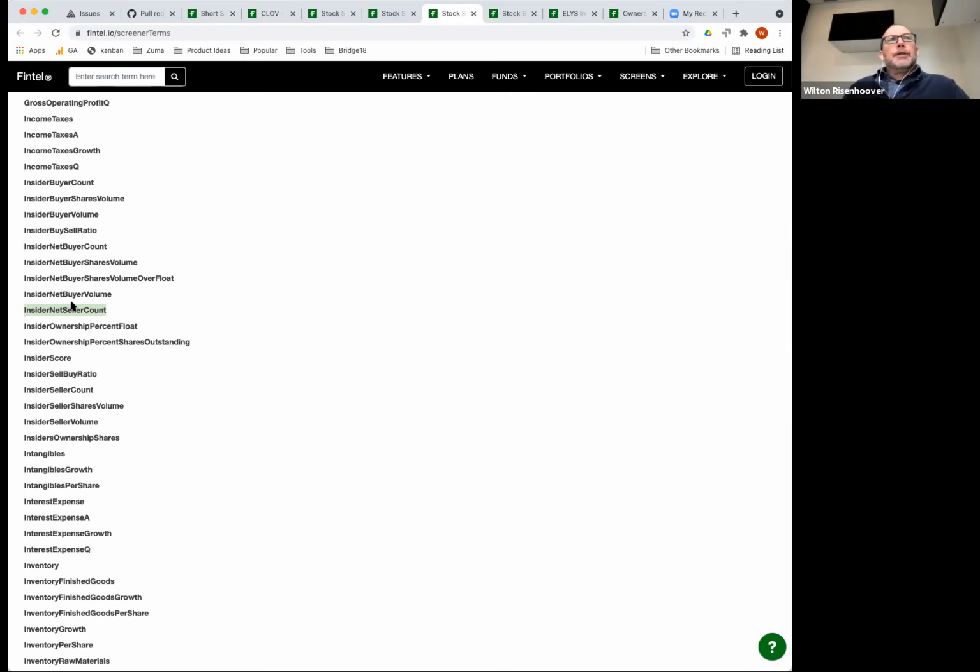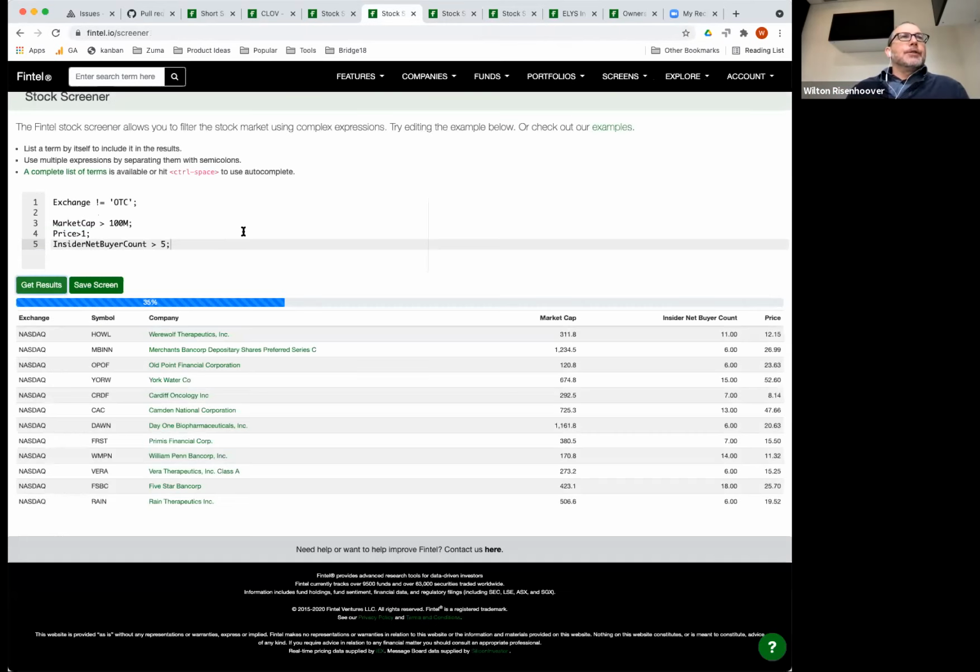We tried looking back at a week, we tried looking back for a month, and you end up with a lot of companies that just have goose eggs. And you're trying to look at things like sell buy ratio or buy sell ratio. This is basically the ratio of buyers to sellers.